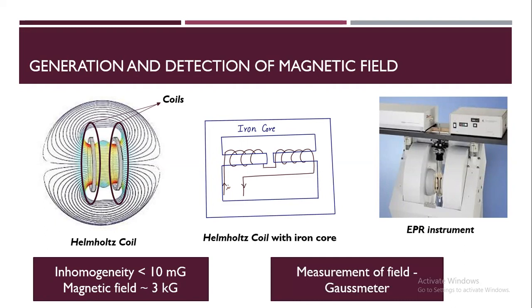We use a Gauss meter for the measurement of the field. We can use a Hall effect Gauss meter also, but because of the high sensitivity required, we use an NMR Gauss meter. That's a separate topic; I can explain, if you wish, why we use the NMR Gauss meter for measuring the magnetic field in EPR measurements.